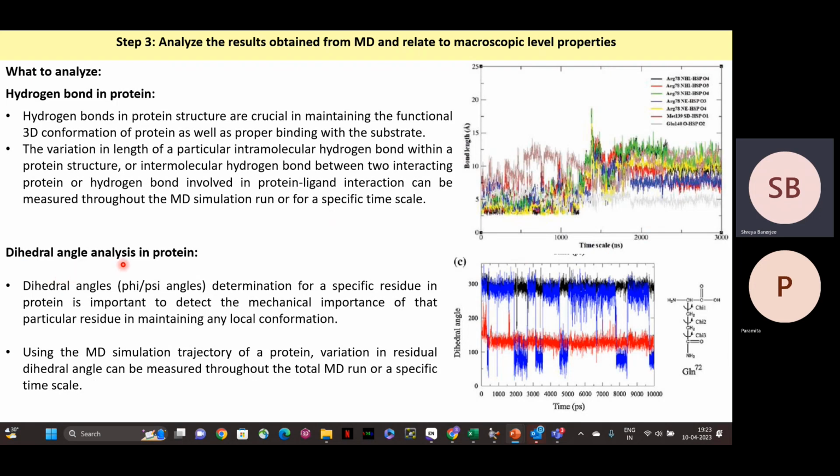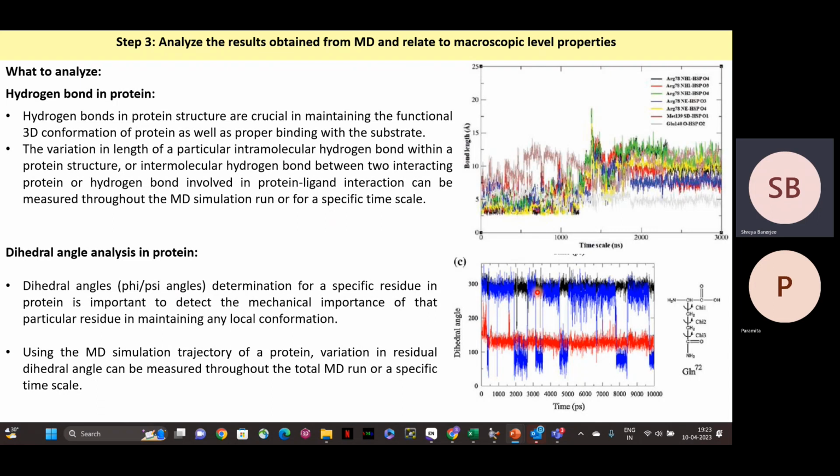Or it can be dihedral angle analysis. We have studied the chi dihedral angles of a protein. Determining that for a specific residue is important to detect the mechanical importance of that residue to maintain the local conformation. So we have this glutamine residue, and three dihedral angles have been taken, chi1, chi2, and chi3, represented by three colors.